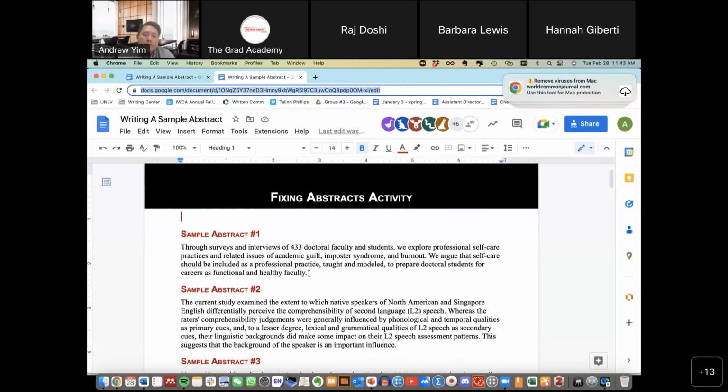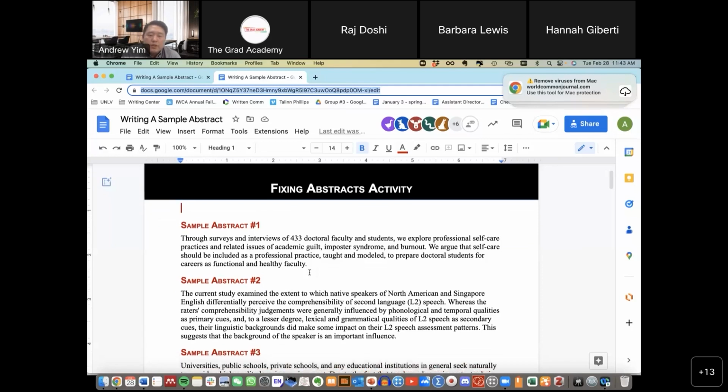Sample abstract 1 reads: through surveys and interviews of 433 doctoral faculty and students, we explore professional self-care practices and related issues of academic guilt, imposter syndrome, and burnout. We argue that self-care should be included as professional practice, taught, and modeled to prepare doctoral students for careers as functional and healthy faculty.